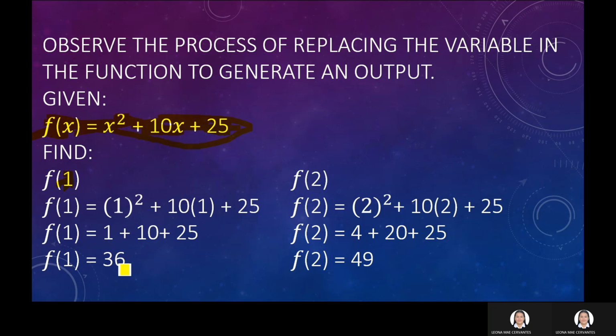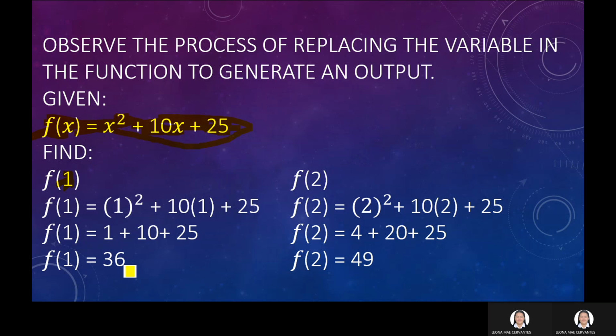So f of 1 is equal to 36. So in the given f of x is equal to x squared plus 10x plus 25, if x is equal to 1, then f of x or f of 1 is equal to 36.